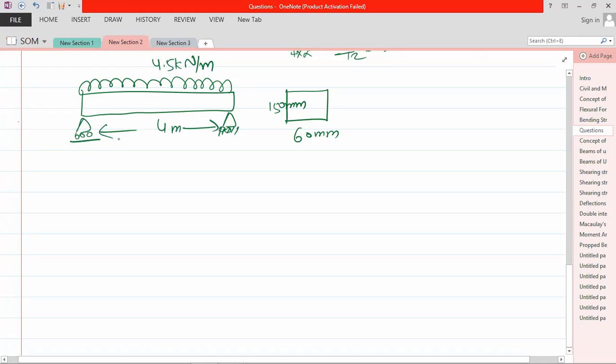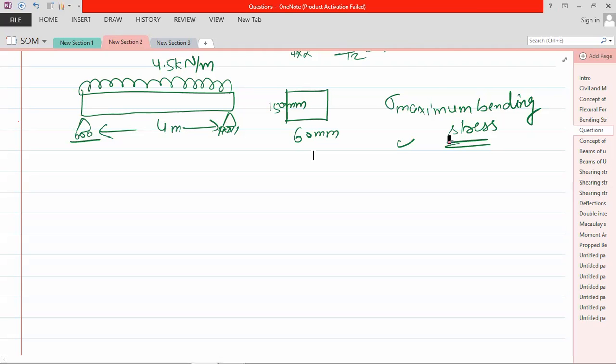Now you have to obtain the maximum bending stress, sigma bending. So just 1 minute, think about it, then I will explain. There is no point given. It is given to obtain the maximum bending stress.